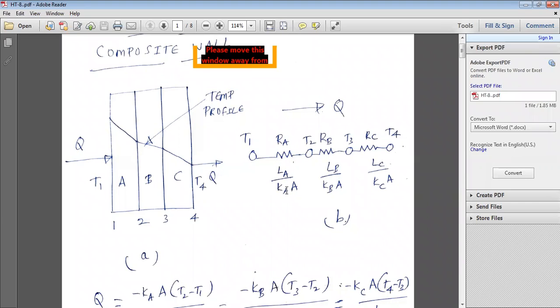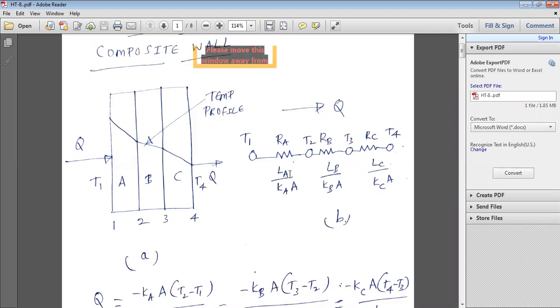In conduction, how do you calculate thermal resistance? L by kA. In the last class, on Friday, I gave that for a single plane wall, thermal resistance can be calculated by the formula L by kA, where L is the thickness of the material, k is the thermal conductivity of the material, and A is the normal area.